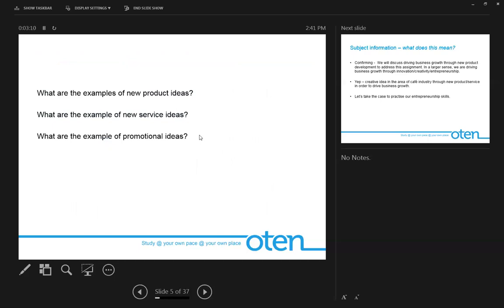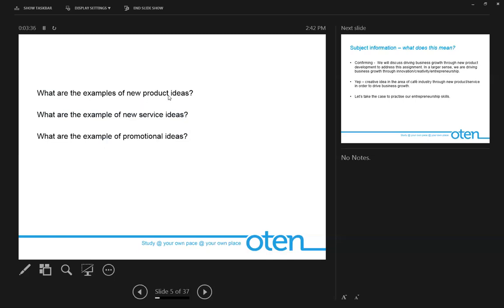Lots of them. Could be apps, it could be loyalty cards, it could be giving discounts, giving free tasting, and so on and so forth. But essentially they are promotional ideas, and again, we are not identifying promotional ideas because they are tactical, whereas this is driven by more strategic elements.